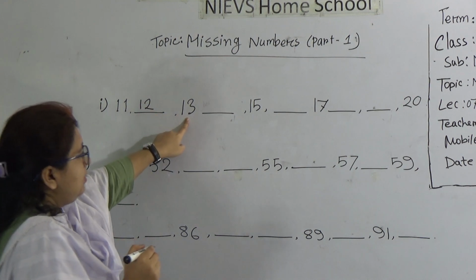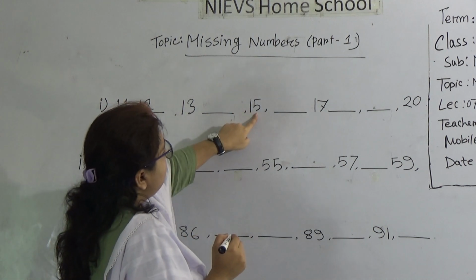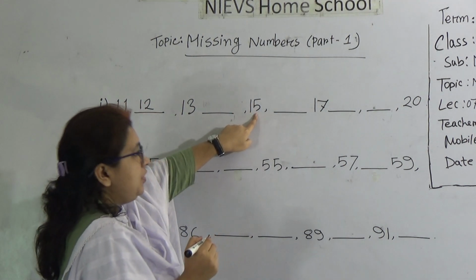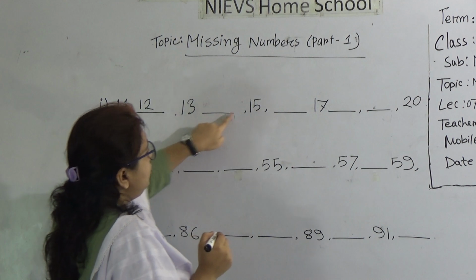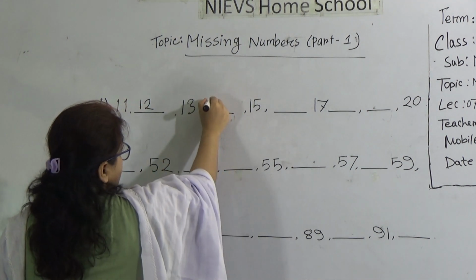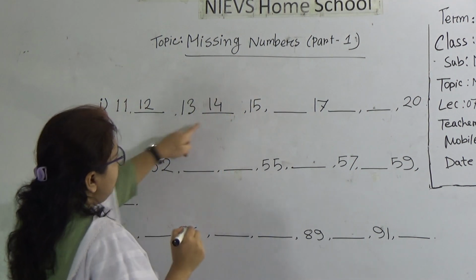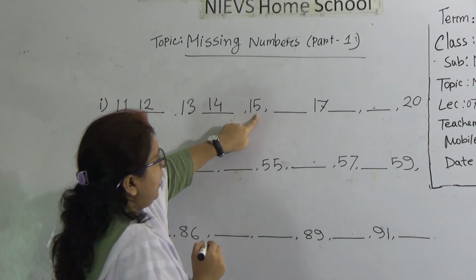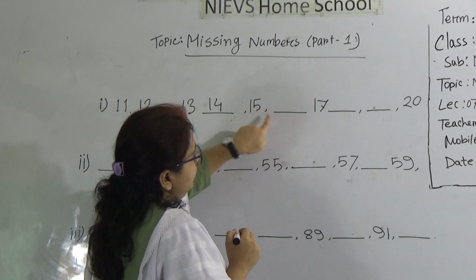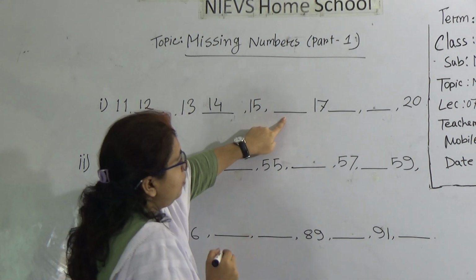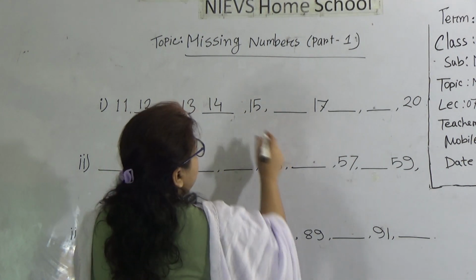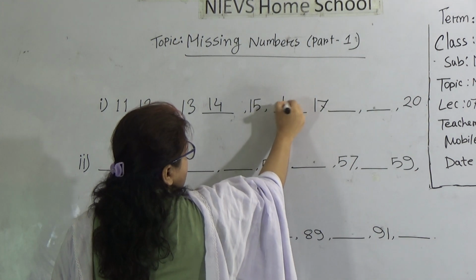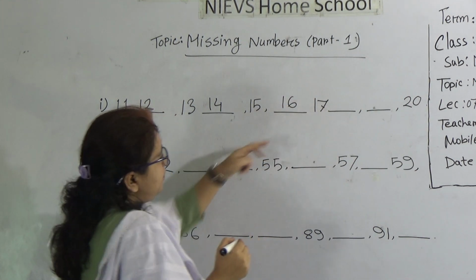Here is 13. Now this number is 15. So 13, 14, 15. And you have to write here 14. Then 15, and what is the number here? 15, then 16. Yes, 16.